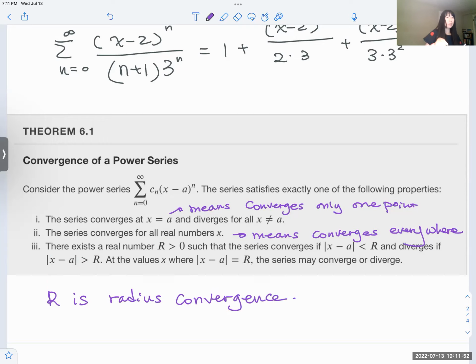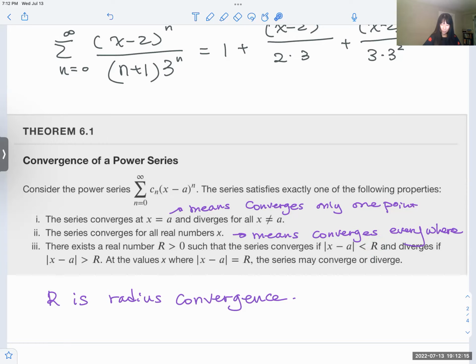Then we have the series converges if the absolute value of x minus a is less than R, which is the radius of convergence.